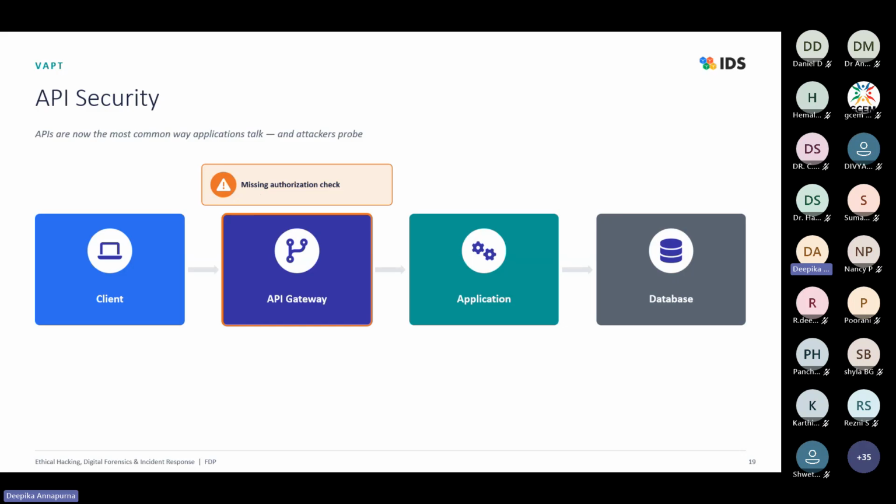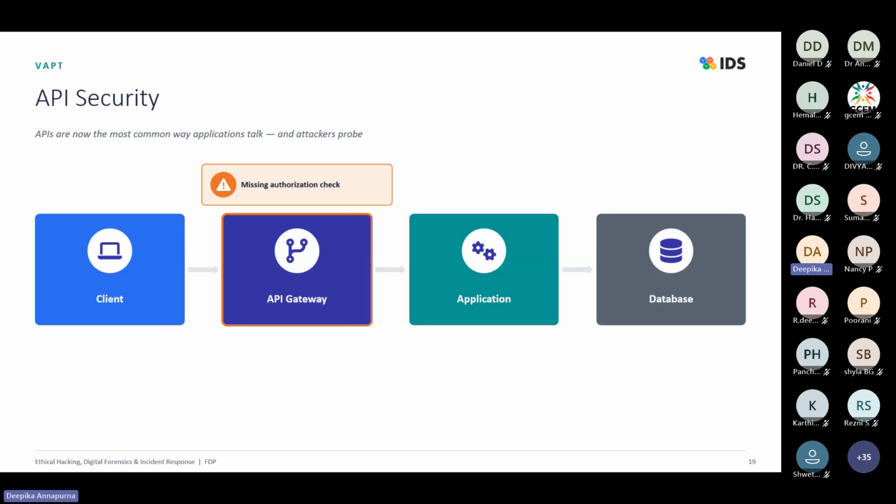What should it validate? It should validate only PNG or JPG files. Yes or no? But what if it is not validating anything? And what if an attacker finds a vulnerability there? He found that there is a weakness here: I can upload any file instead of a photo. Then what will he do? He will try to upload some malicious executable file. What will happen? The system will get compromised. So input validation is very much required.